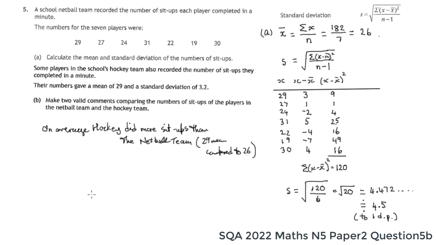That involves the mean. Let's look at the standard deviation. Now, standard deviation tells you how spread out the data points are around the mean. And if we compare the hockey team standard deviation of 3.2 with the one that we calculated, 4.5, you can see that the hockey team is less varied, less spread out, deviates less from their mean than the other team, the netball team.